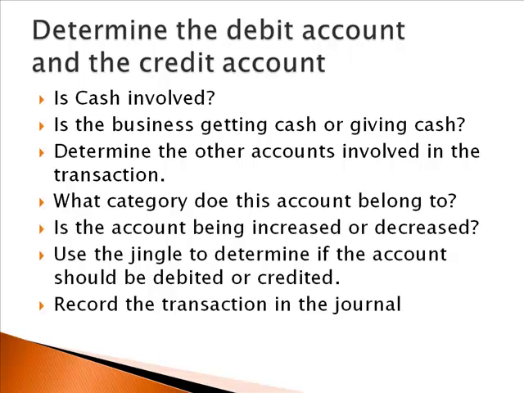Another option would be an asset account that we've sold or gotten rid of. We sold something and we received payment for that. The asset account that we got rid of will be reduced, and we reduce an asset account with a credit entry. Another option there would be if the owner contributed more capital. From our jingle, we see that capital accounts are increased with a credit entry, and that would fulfill our need.